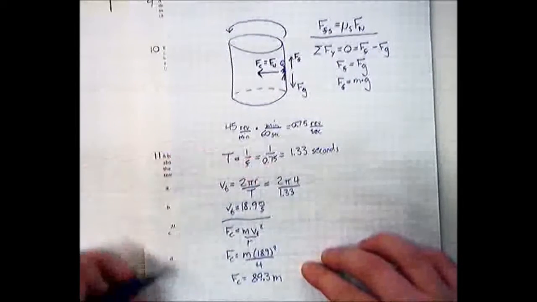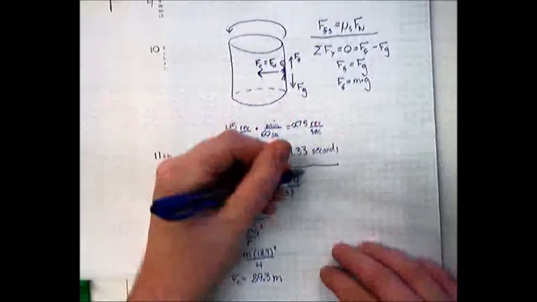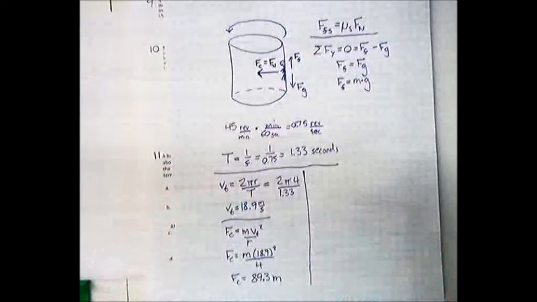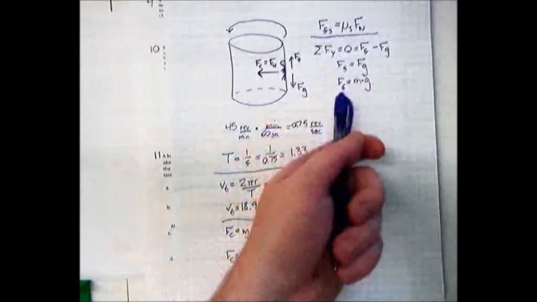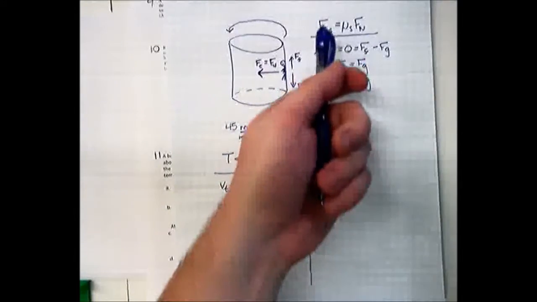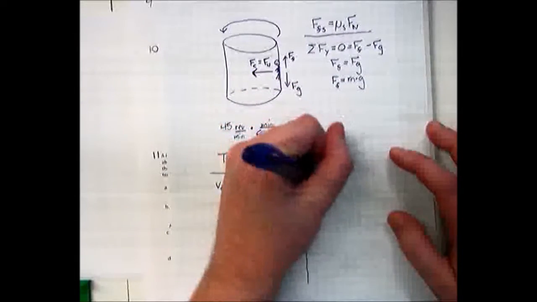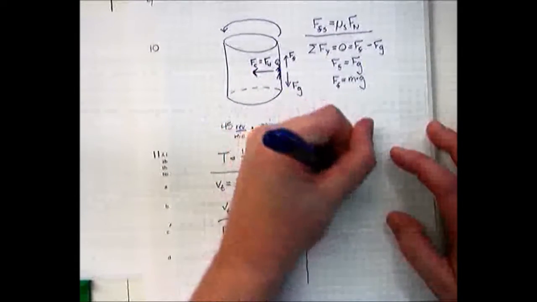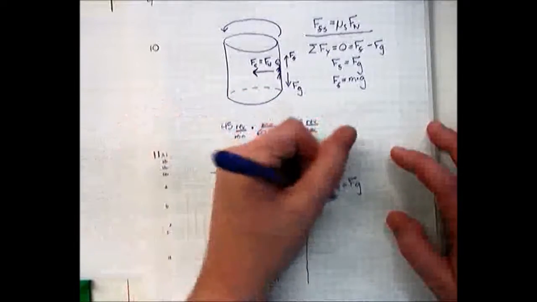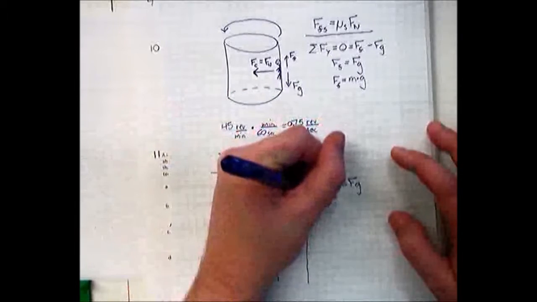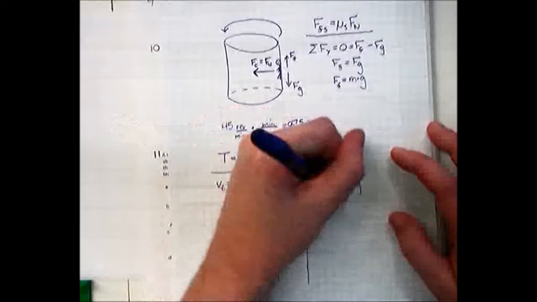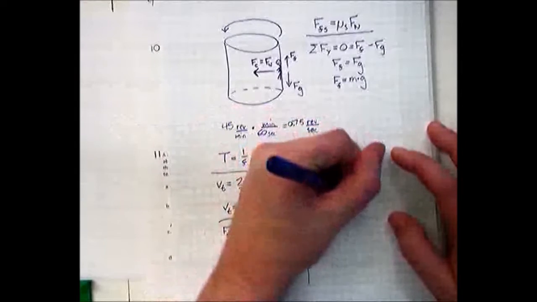Force of friction is equal to m times g, and it's also equal to mu times normal force. So right here, friction is equal to Fg, and then it's also mu times Fn is equal to m times g.